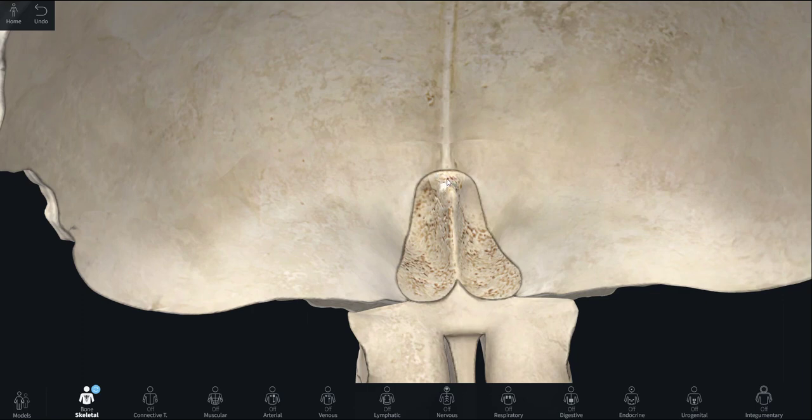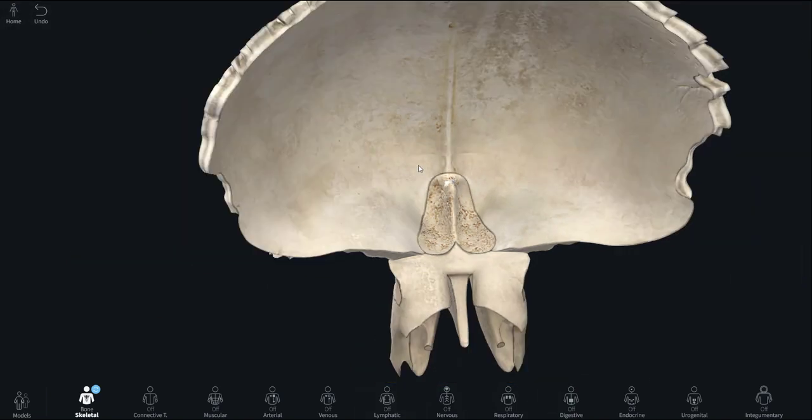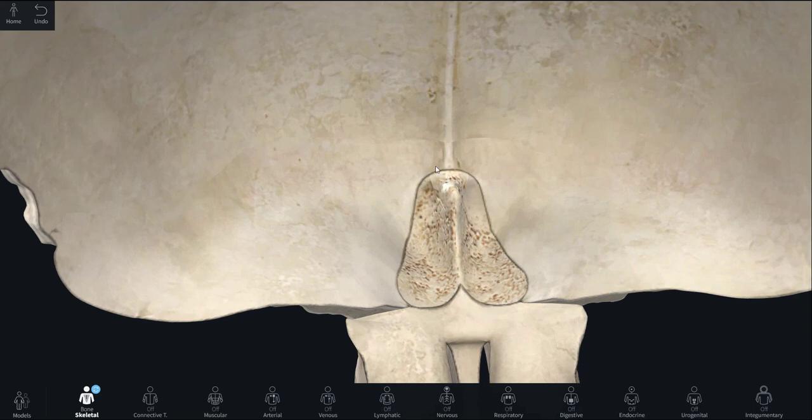What happens is the crista galli has two ala, two small processes which form a V-shaped structure.